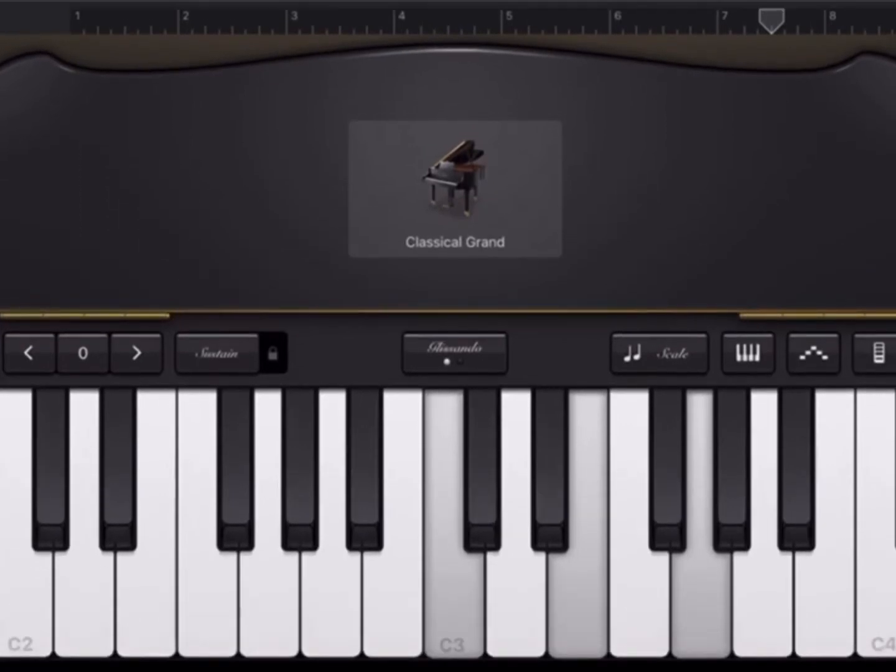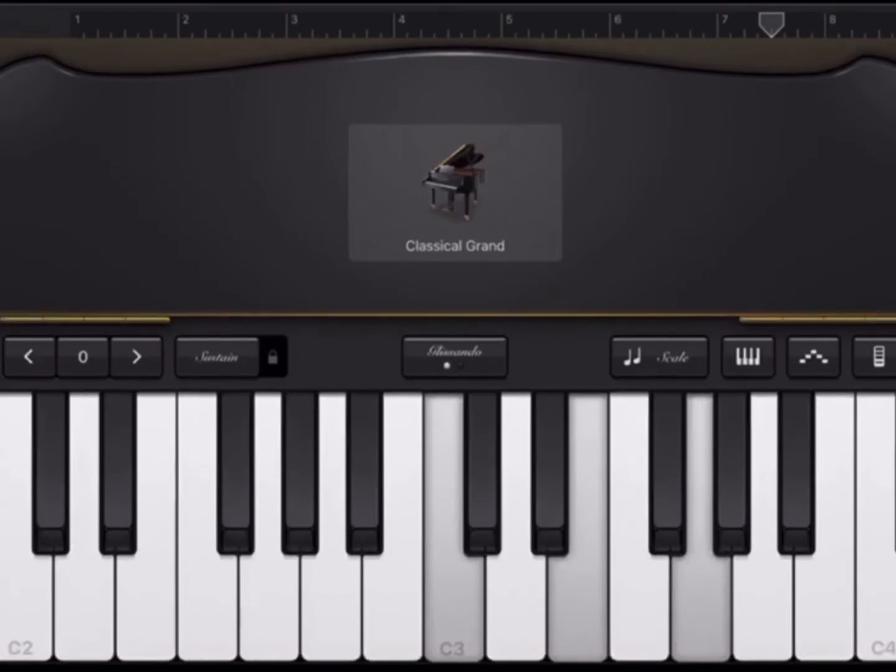Let's use the example that I have in the video. As you may notice, these shaded keys are C, E, and G. Now let's count how many semitones are between these notes. Let's start with C and label it as 0. From 0 to the first black key, that makes 1 semitone.